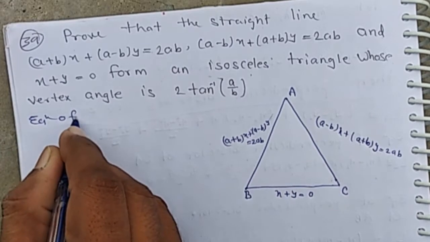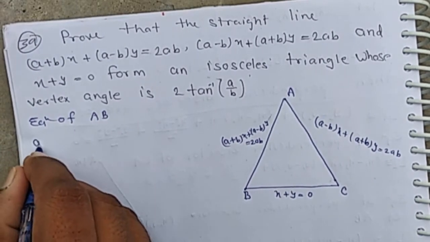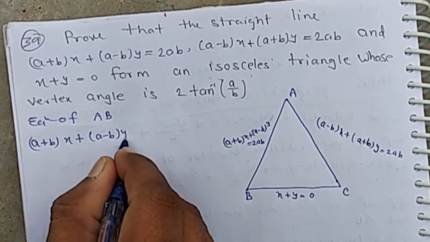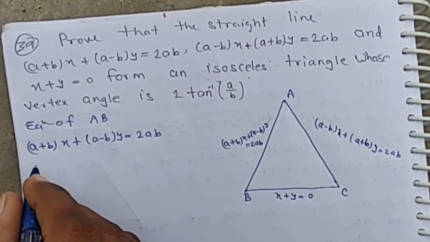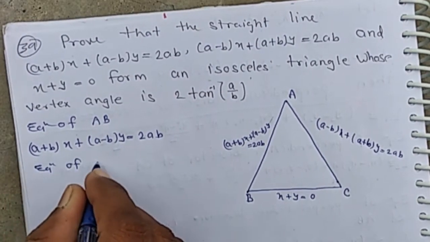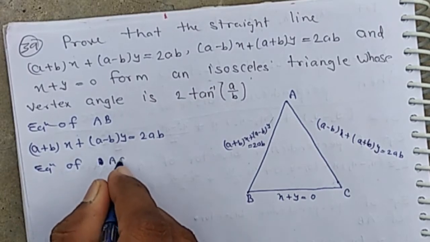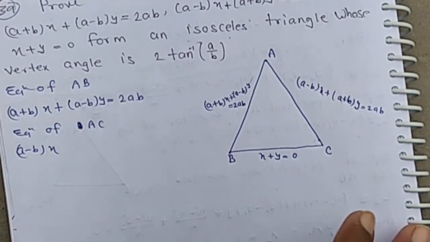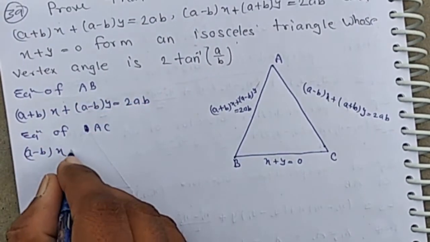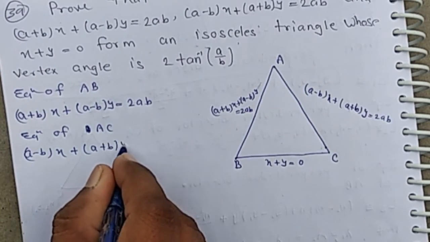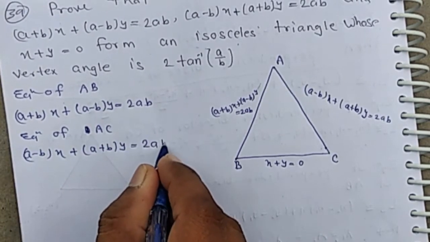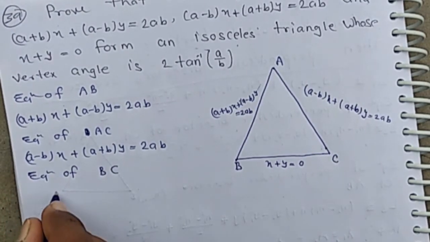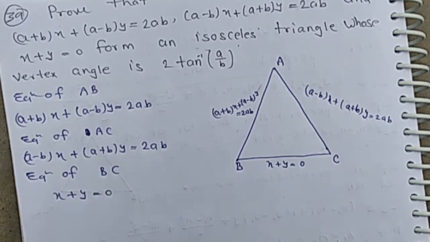Equation of AB is (a plus b)x, AC is (a minus b)x, and BC is x plus y equal 0.